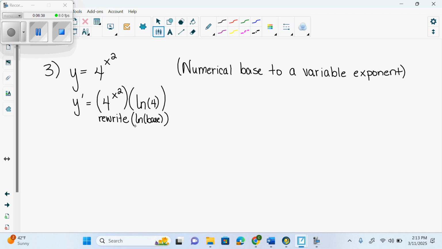So we rewrite it, then we ln the base, and then we do the derivative of the exponent every time. So what are we going to get as our third chain? Derivative of x squared. 2x. Done.